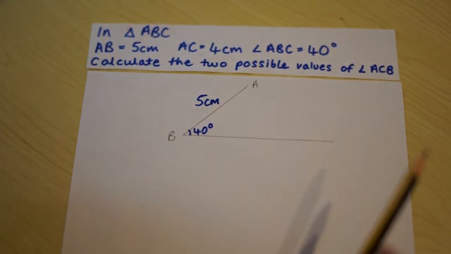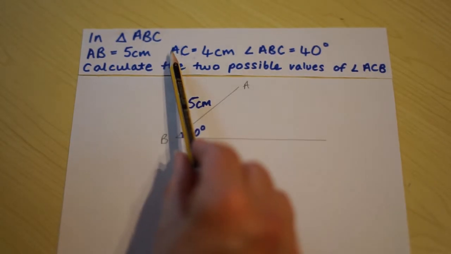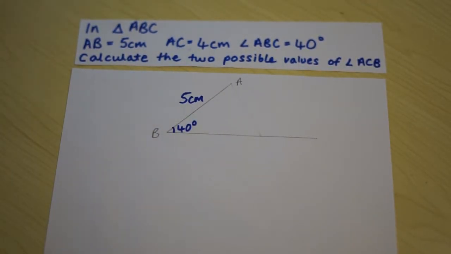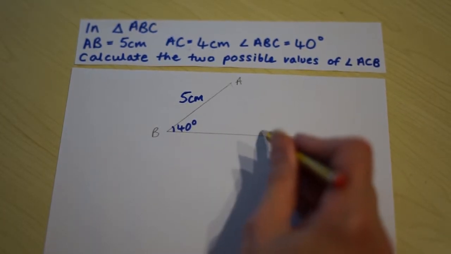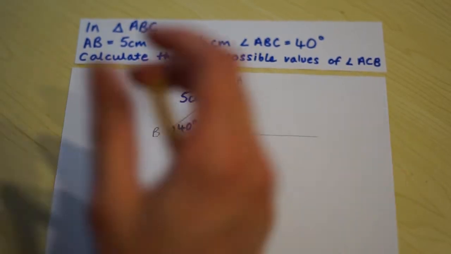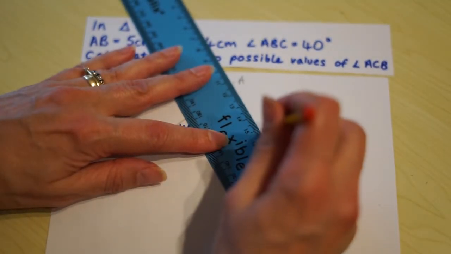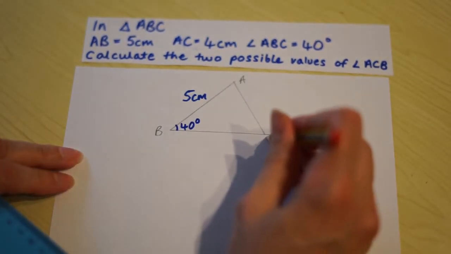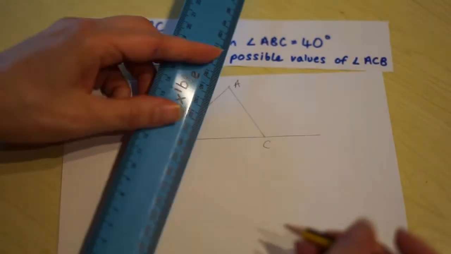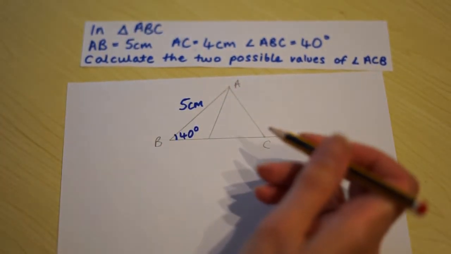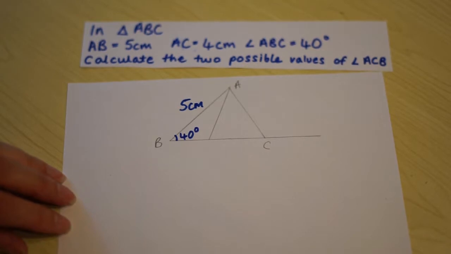So how could that happen? Let's focus on side AC. So our side AC is 4 centimetres. So C is around about here. AC is down here. So let's put that on there roughly. AC just there. But AC could also be like this, and that also be 4 centimetres as well.